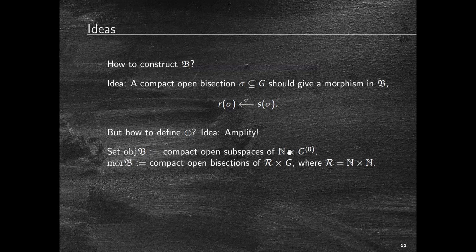There's a way to form direct products of groupoids. For the second component, you just take the given groupoid G. And for the natural numbers, you take the groupoid where you add an arrow between any two natural numbers. So this is the full equivalence relation, if you like. That's a particular groupoid, not that interesting, but in that case, it's the right thing to do.